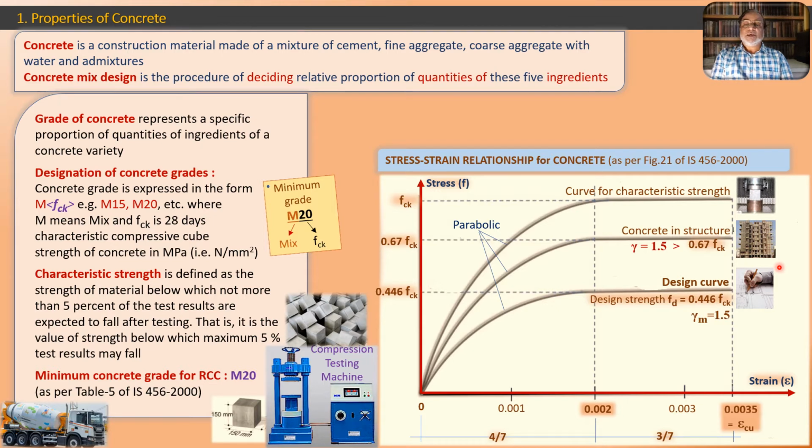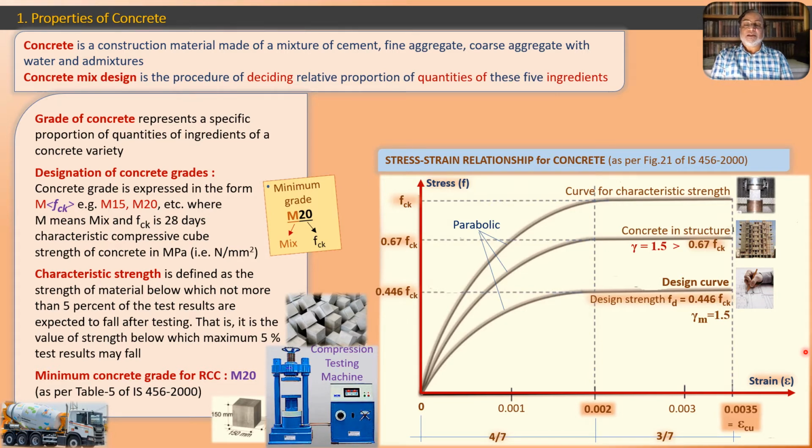You will notice here that the actual fck is getting reduced to 0.446 fck. That is only 44.6% of the original strength of concrete is actually used when we are designing a structure.